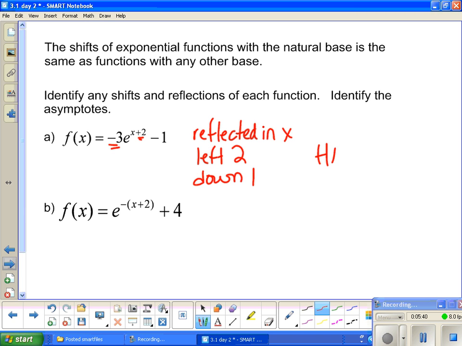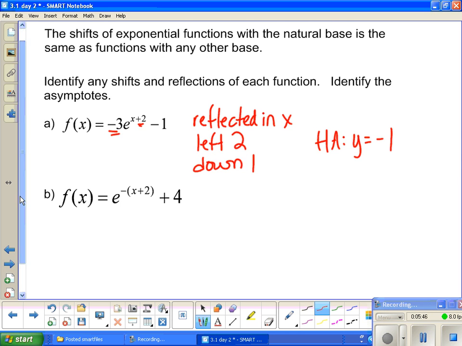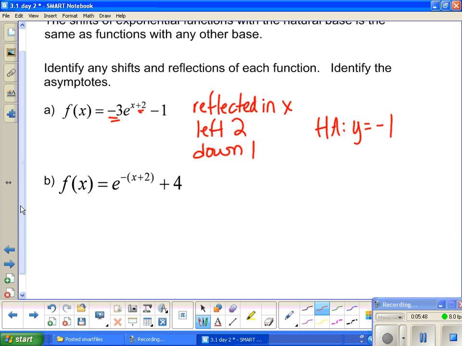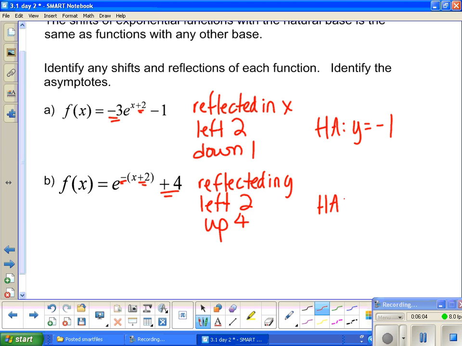My horizontal asymptote is at y equals -1, which also defines my range. Okay, so here now I have it reflected in the y. It's going to go left 2 also, but it's going to go up 4, and my horizontal asymptote is at y equals 4.